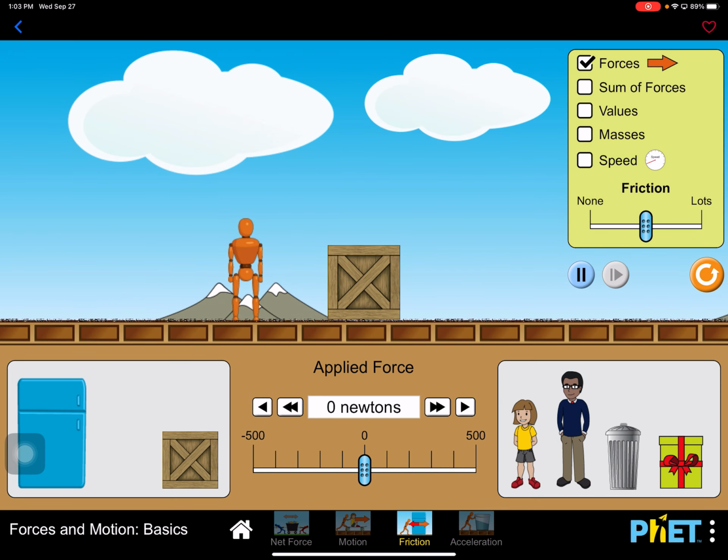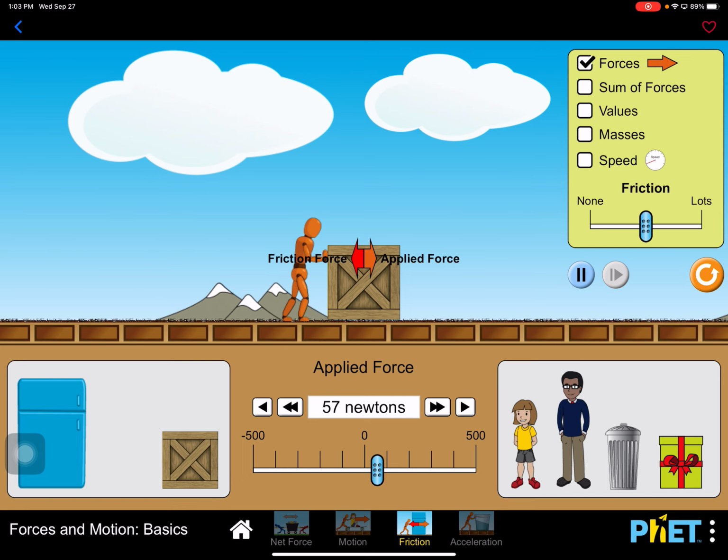All right, so let's look at this. I'm going to push. See, I'm pushing on the box, and you can see the applied force is the brown colored force, but the object is not moving. And so Mr. Newton says there must be an equal and opposite force, and that's the friction force.